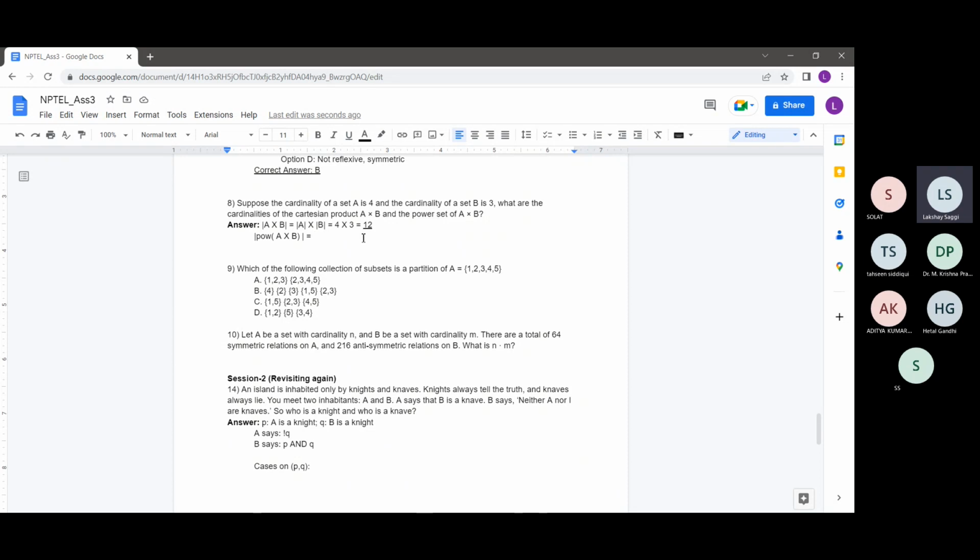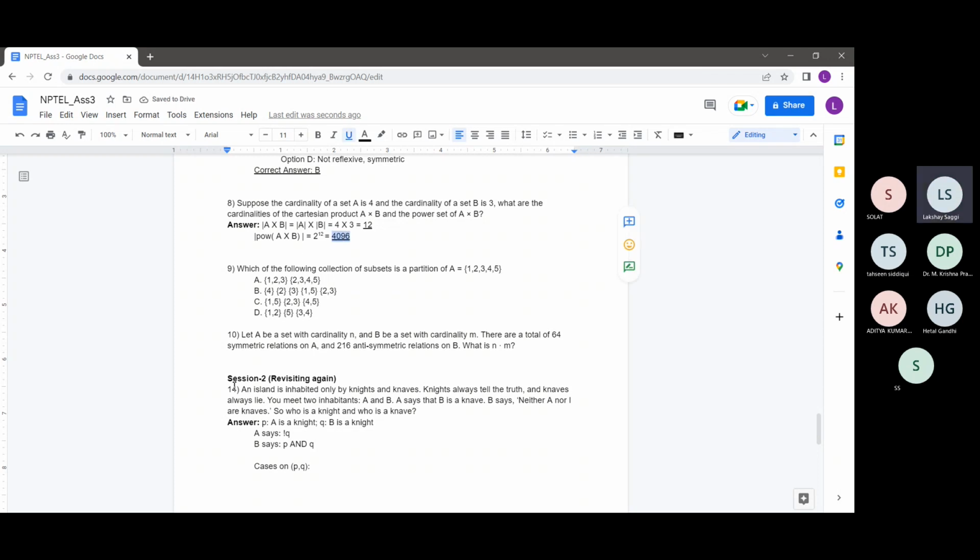So A cross B has size 12, so it will have a power set of size 2 to the power 12. So I hope it's clear to you guys. It's nothing too fancy. So this is the answer. Maybe I'll just write it out as 4096. So yeah.